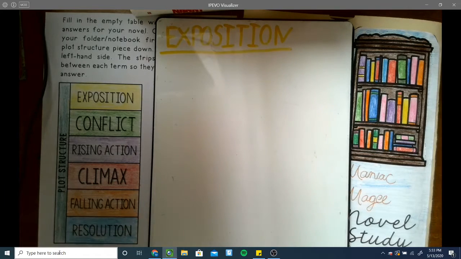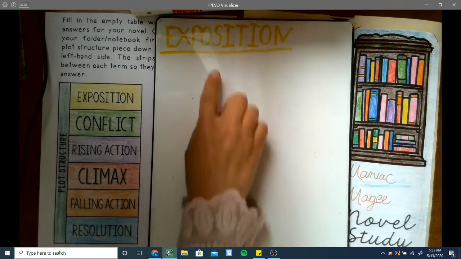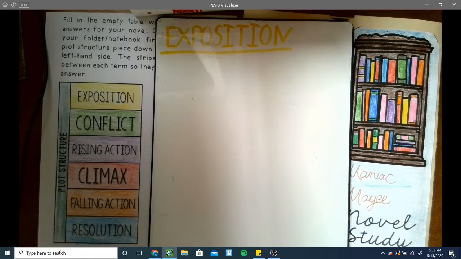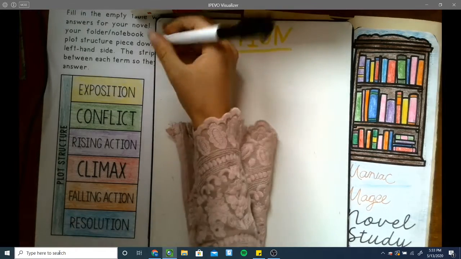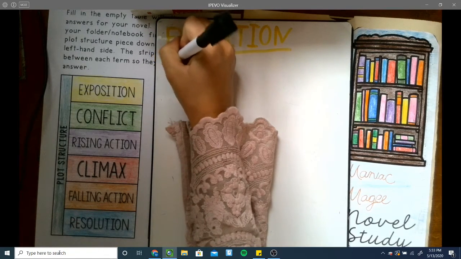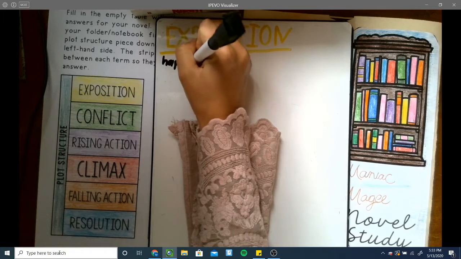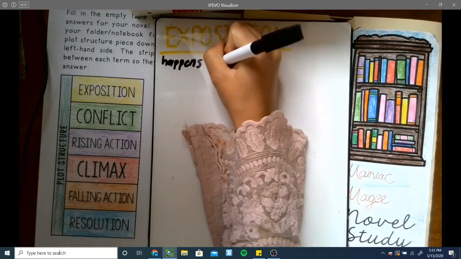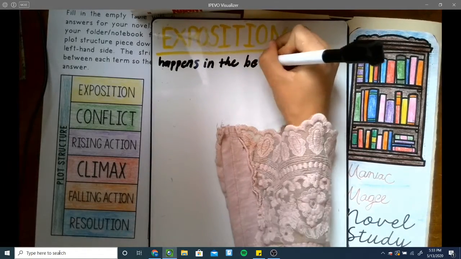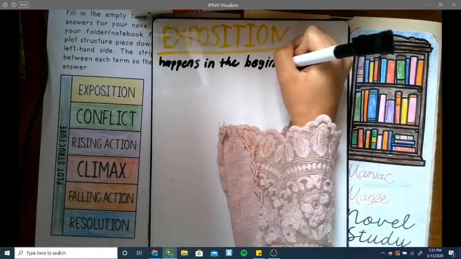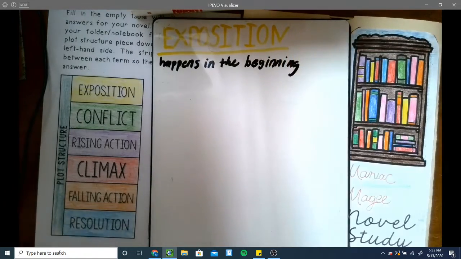So first we have the exposition, which is what I wrote up here in yellow. So the exposition always happens in the beginning of the story.